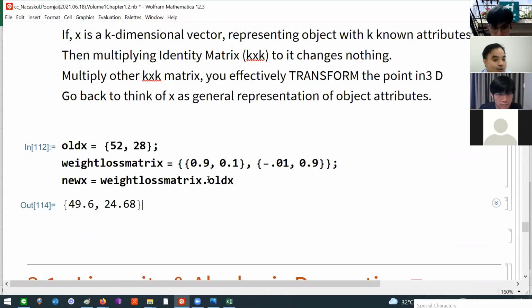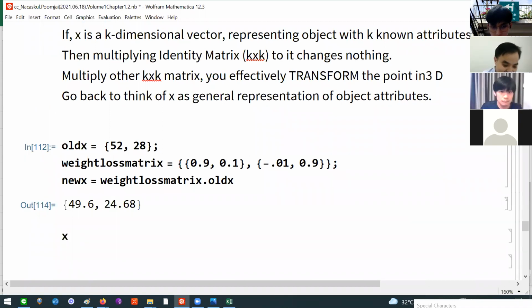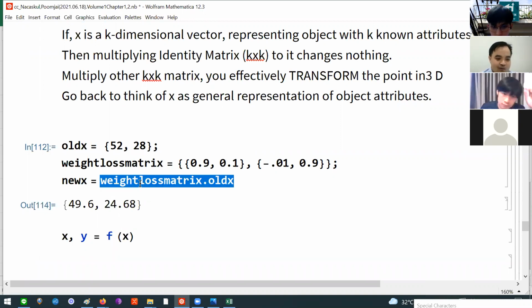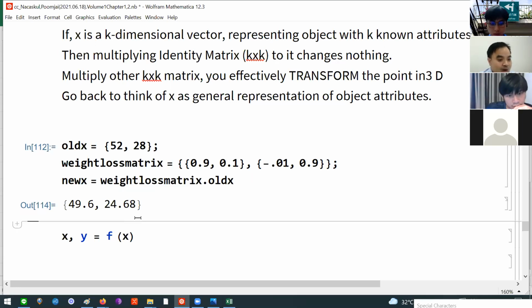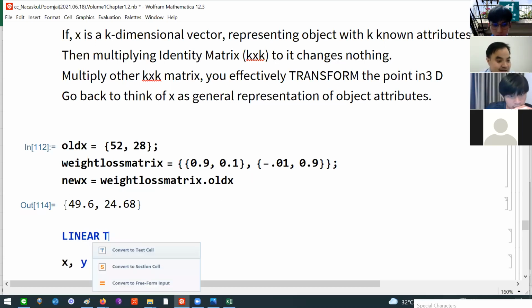Remember I told you that you're going to be working with x, and then y is equal to f of x. Well, this is one form of y. This form of y uses multiplication in this way. It will be called linear transformation.